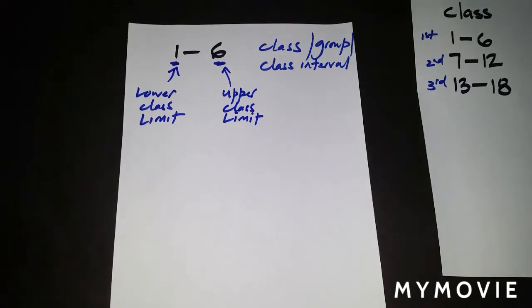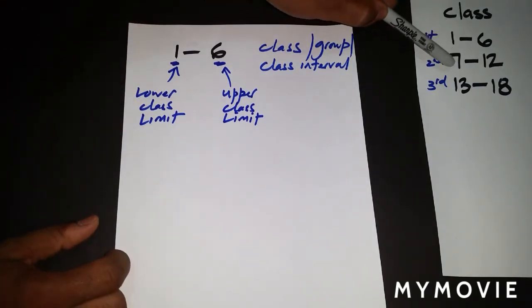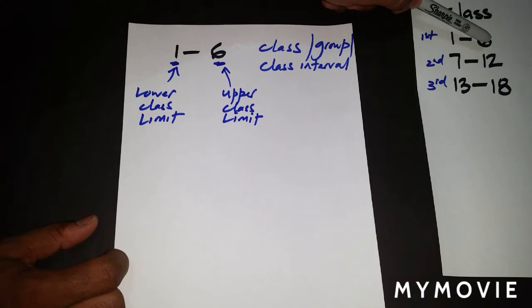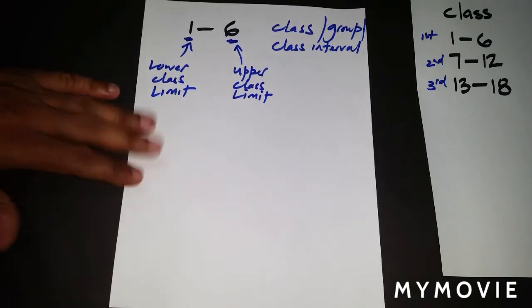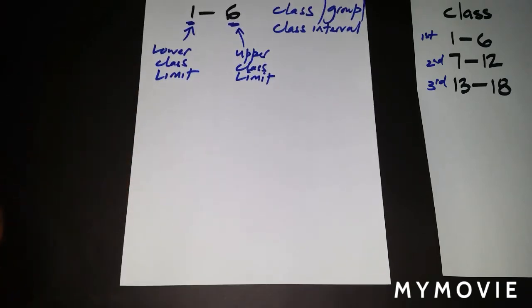For the second class, 7 would be the lower class limit, 12 would be the upper class limit. For the third class, 13 would be the lower class limit, and 18 would be the upper class limit. So that's that.